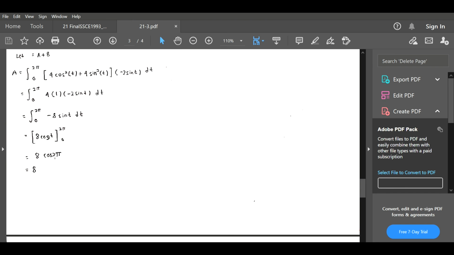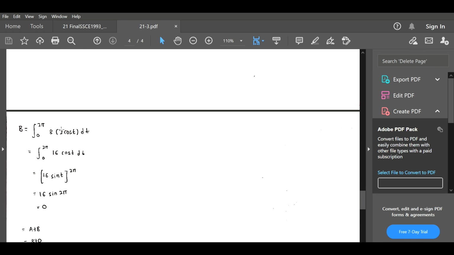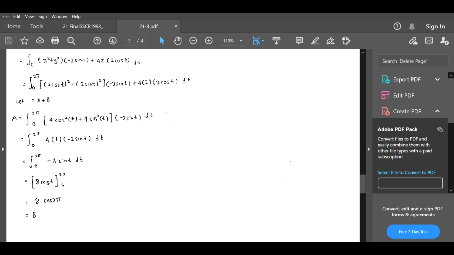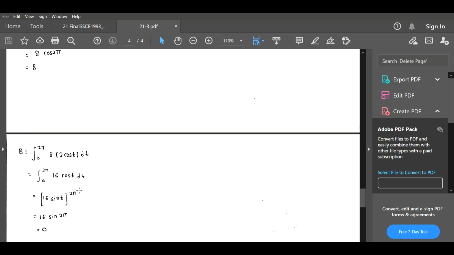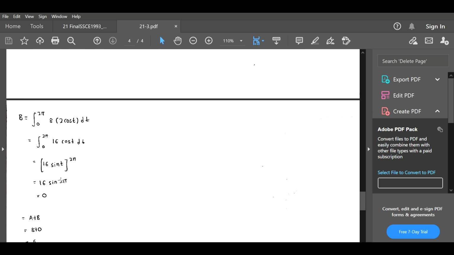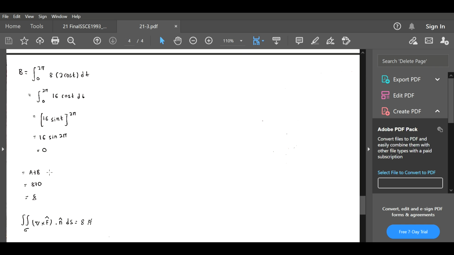Cos 2 pi becomes 1, so this will become 8. Okay, so B, again from this, 4 times 2 is 8, 8 times 2 is 16, differentiating cos t becomes sin t, and then sin 2 pi becomes 0, so this one will become 0 clearly.